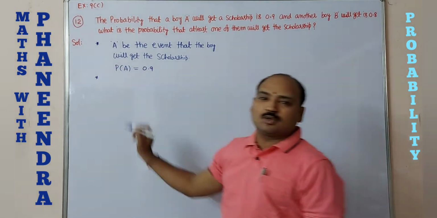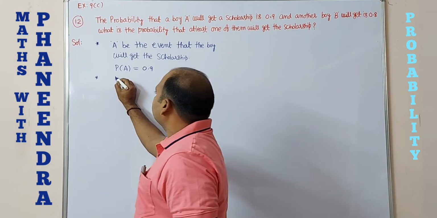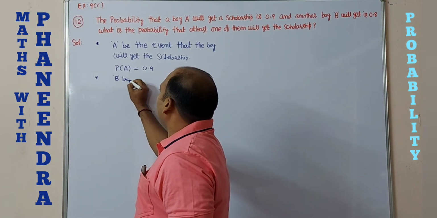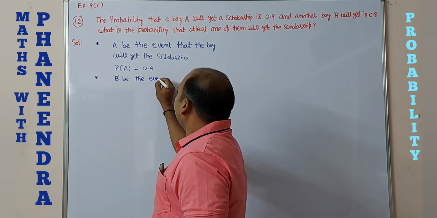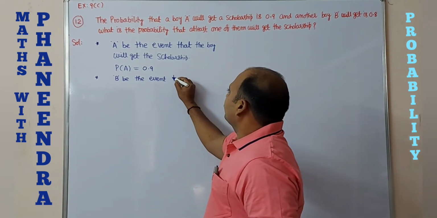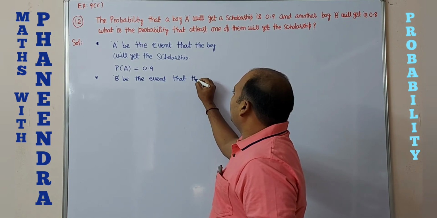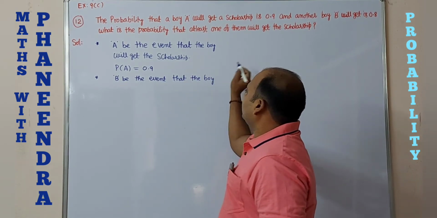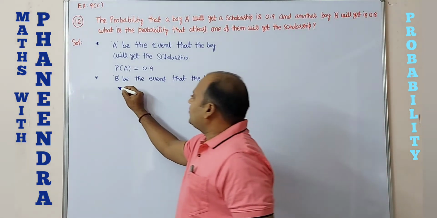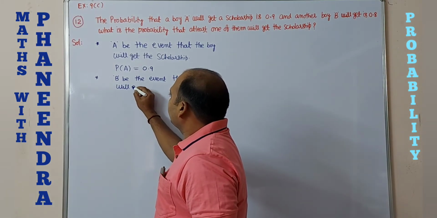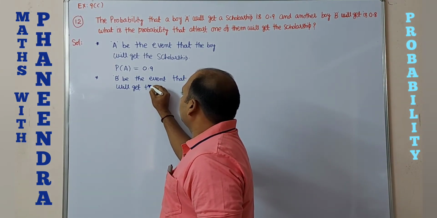This is the first step. Similarly, the second step also. B be the event that the boy, another boy here, will get the scholarship.